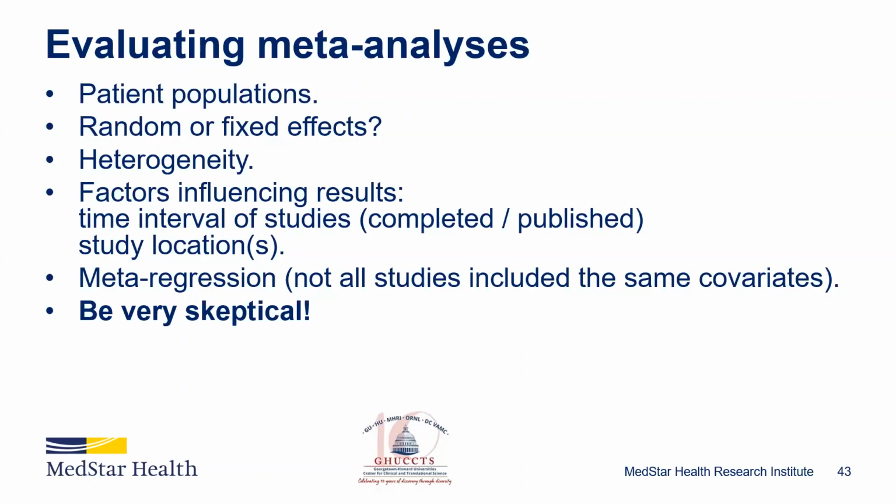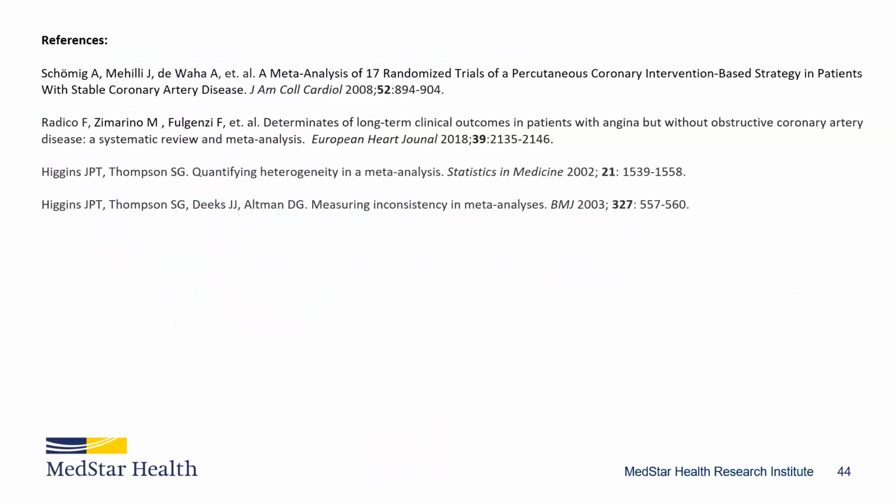And then finally, my main point I want to make here is when you look at a meta-analysis study, be very skeptical. So I have some references here. The first two are a couple of the published meta-analyses that we looked at.